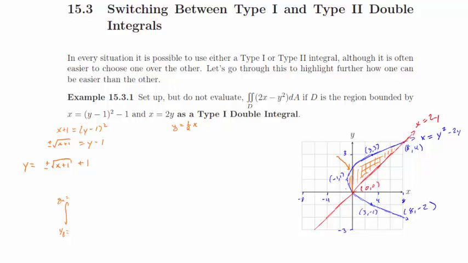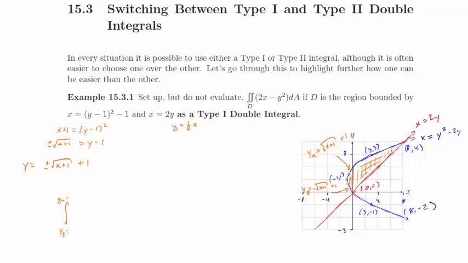when I'm looking at the region between x is negative 1 and x is 0, we see a y upper boundary of a positive square root of x plus 1 plus 1, and a lower boundary, y sub l, of negative square root of x plus 1 plus 1. Right?